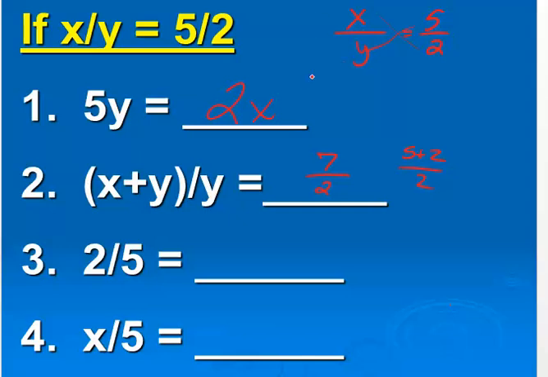Therefore, we should do the reciprocal of the first one, y over x. Number 4, x over 5 equals blank. This is the property that reverses the means. Now the 5 is underneath the x, so the y will be over 2. So we're just looking at applying these properties and understanding how they work.